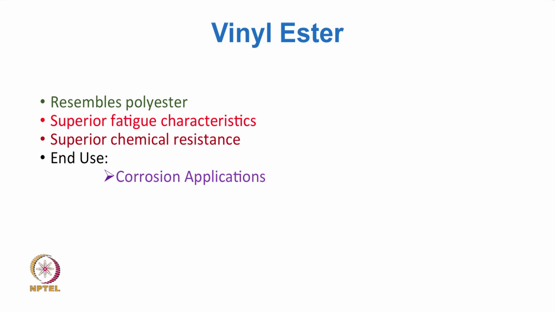Its major uses are corrosion applications, where the chances of corrosion are there: pipes, tanks, ducts. So, in all these places we use vinyl ester as matrix material.